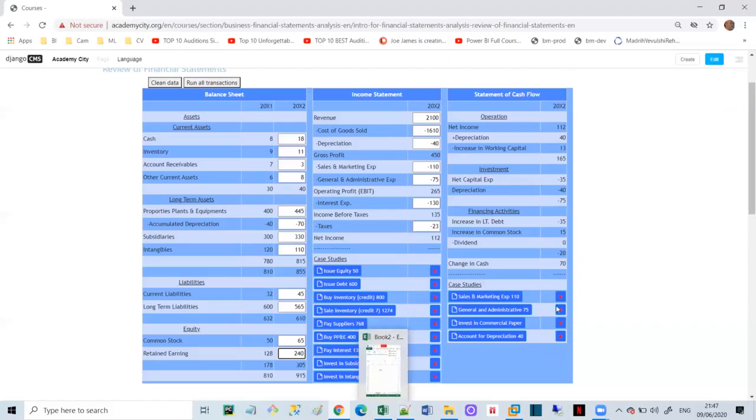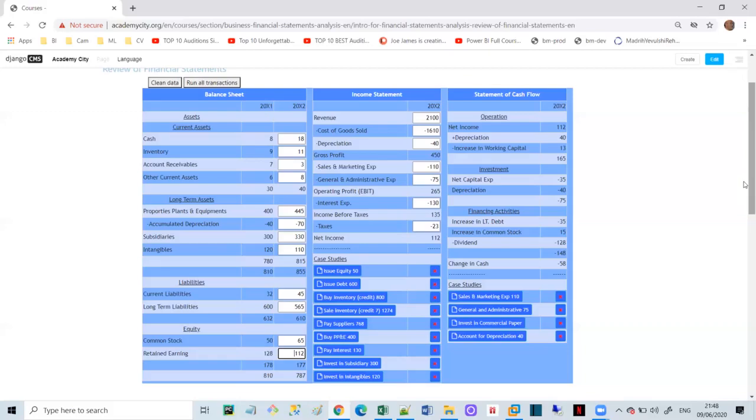That should be 240 because I have to take the net income and add it. Let me take it back. Sorry, my mistake. This is correct. There's no error. This is okay. This is my mistake because there's one more element that I haven't talked about yet, and it's introduced in this example. The 112 is the correct number.